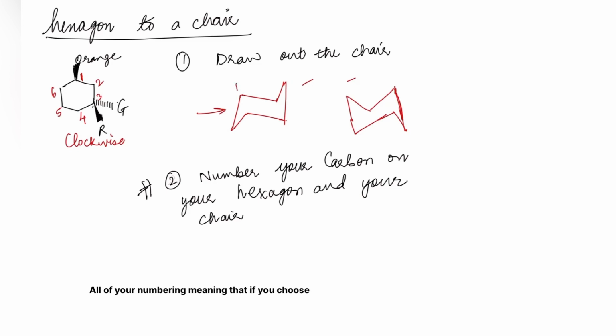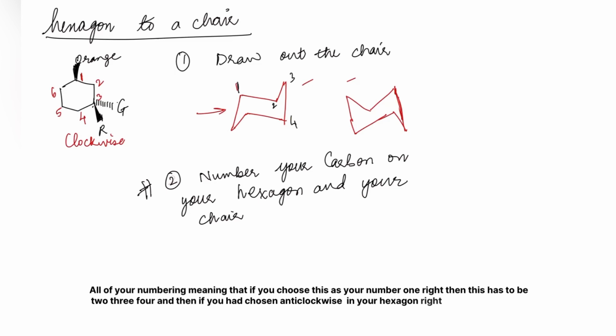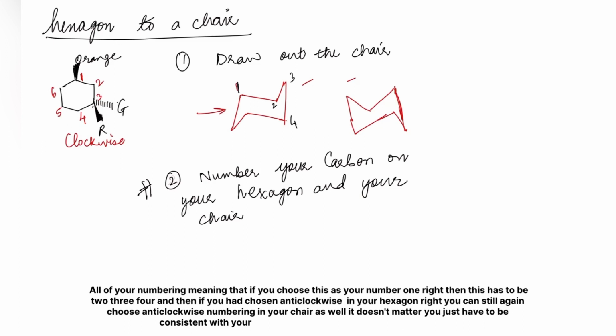Meaning that if you choose this as your number 1, then this has to be 2, 3, 4. And then if you had chosen anti-clockwise in your hexagon, you can still choose anti-clockwise in your chair as well. It doesn't matter. You just have to be consistent with your numbering in your hexagon and in your chair conformer.